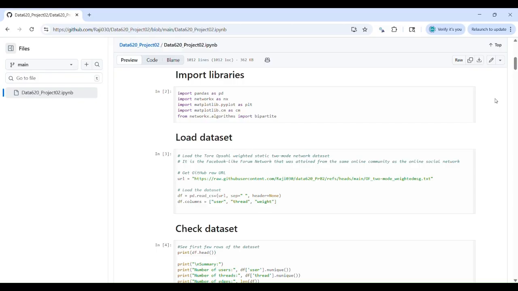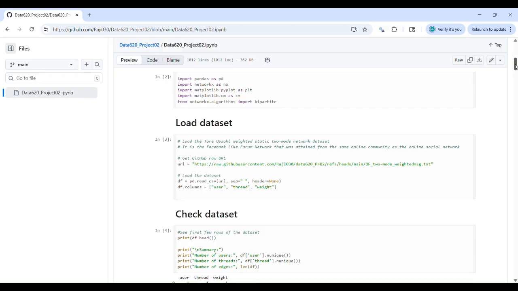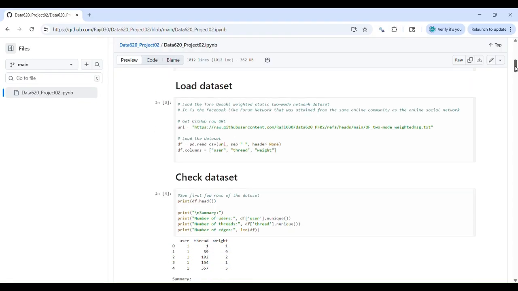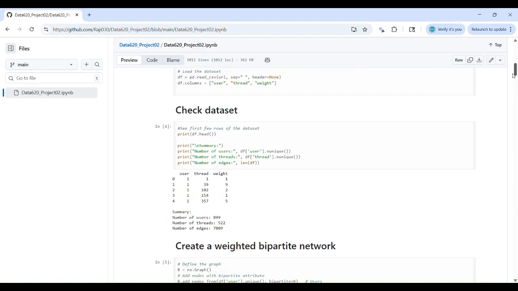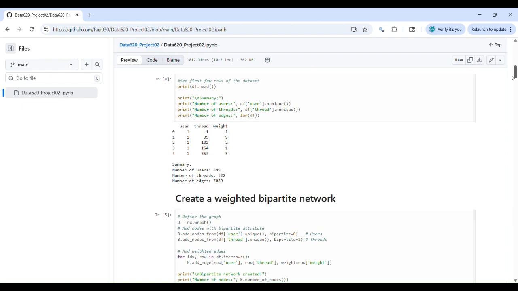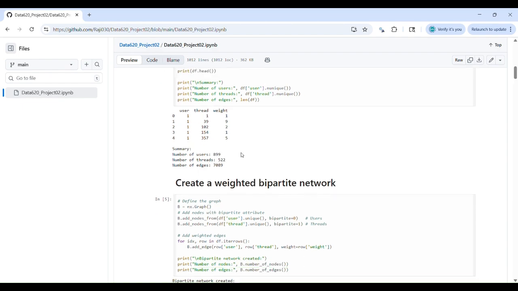From here we imported bipartite, and then we loaded the dataset from my GitHub for checking purposes. And as you see here, the number of users in this dataset is 899, the number of threads is 522, and the number of edges is more than 7,000.